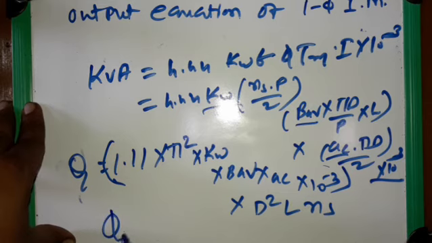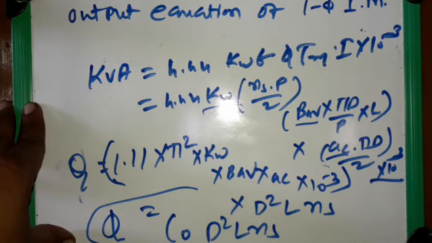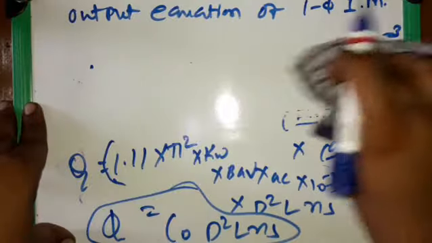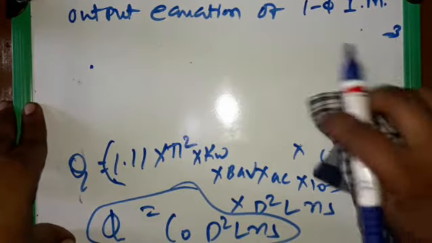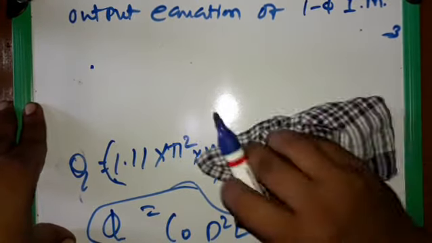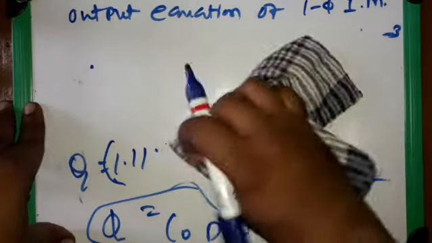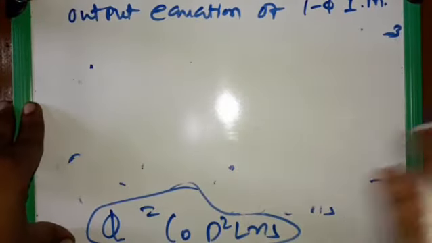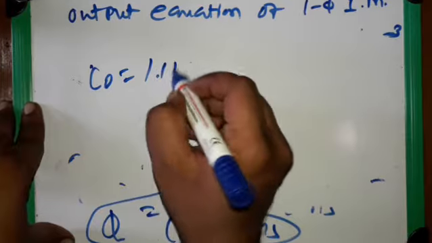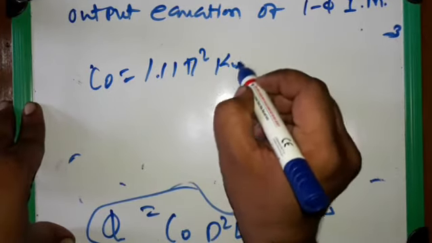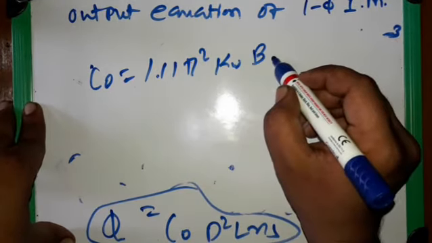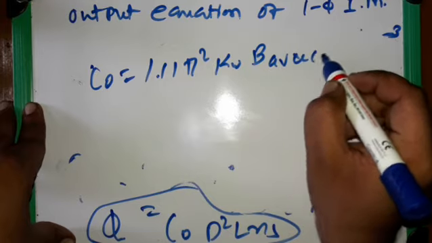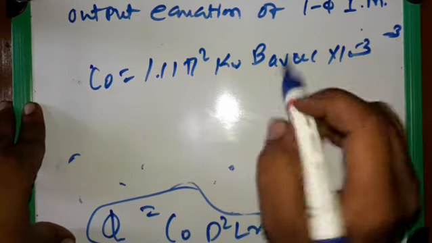So our value Q is equal to C0 D square L Ns, which is our output equation, and the value of the output coefficient C0 becomes 1.11 pi square Kw Bav ac into 10 raised to minus 3.